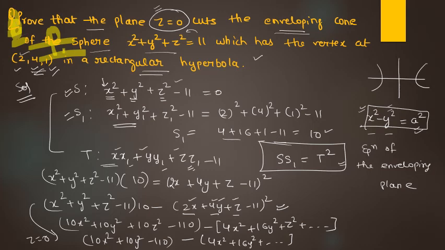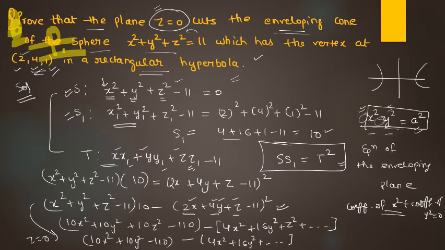Now, in order for this curve to be a rectangular hyperbola, we need the coefficient of x square plus the coefficient of y square to be 0, right? Because in the standard form there is one as the coefficient of x square and minus one as the coefficient of y square, so 1 minus 1 is 0.